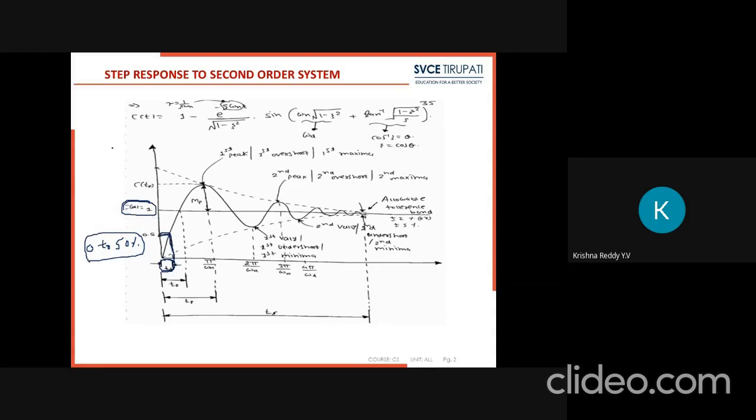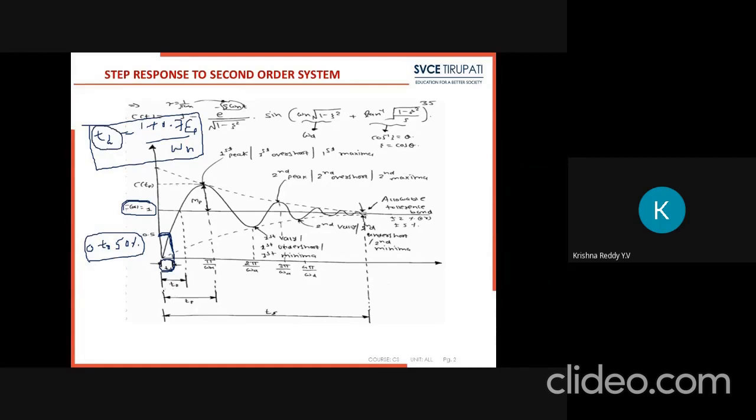It can be calculated as TD is equal to (1 plus 0.7 zeta) divided by omega n. With the help of this formula, we can calculate the delay time.